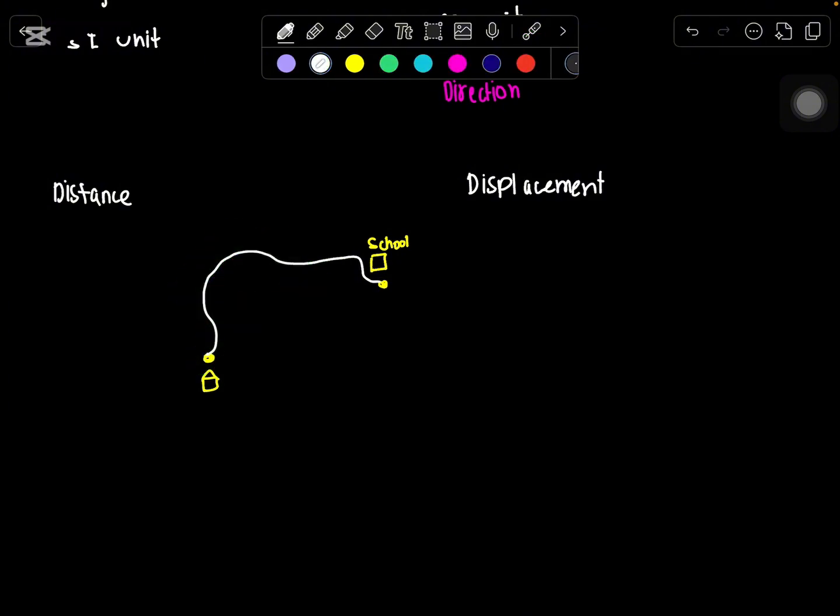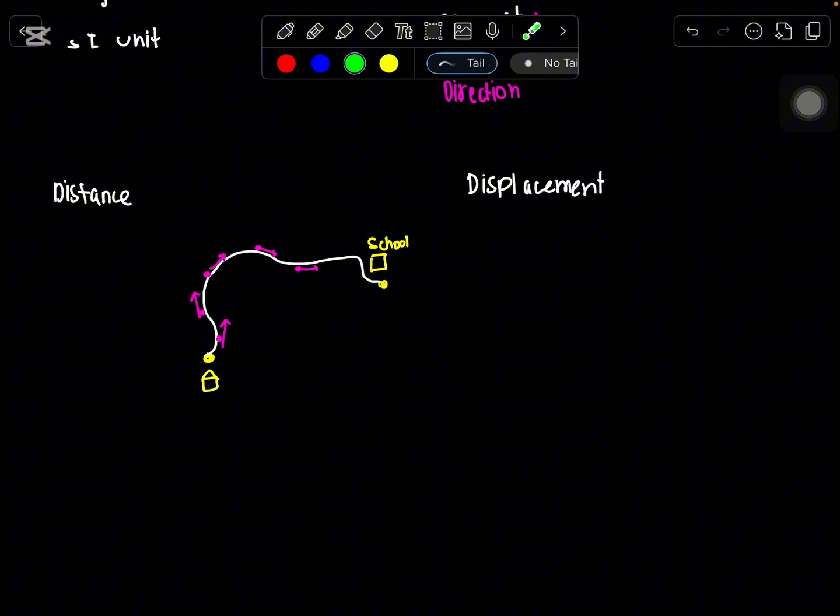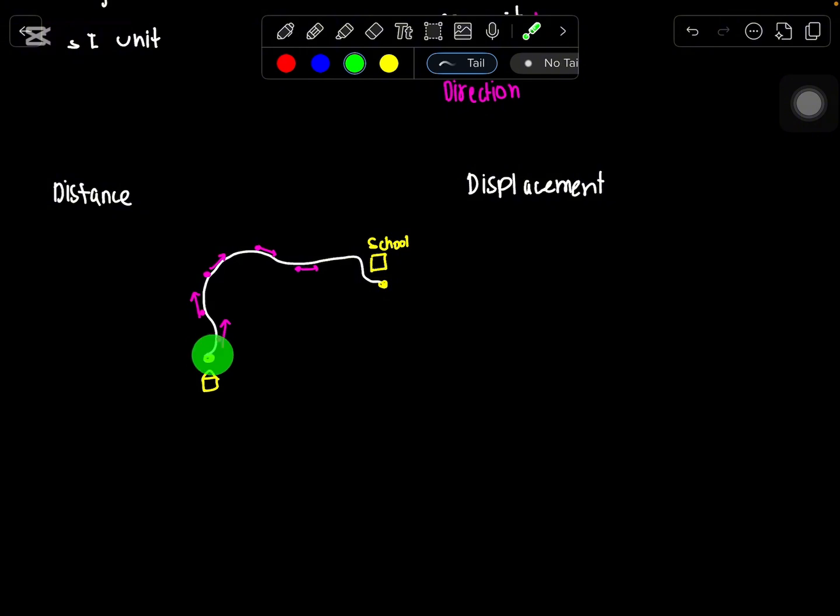If you could see, the direction is changing at every point, right? So if you were here, you're going like that. Here, you're going like that. Here, you're going like that. Here, you're going like that. And so on. So if I were to tell you one direction to go from your house to the school, I wouldn't be able to tell you if we were following this curvy path, right?